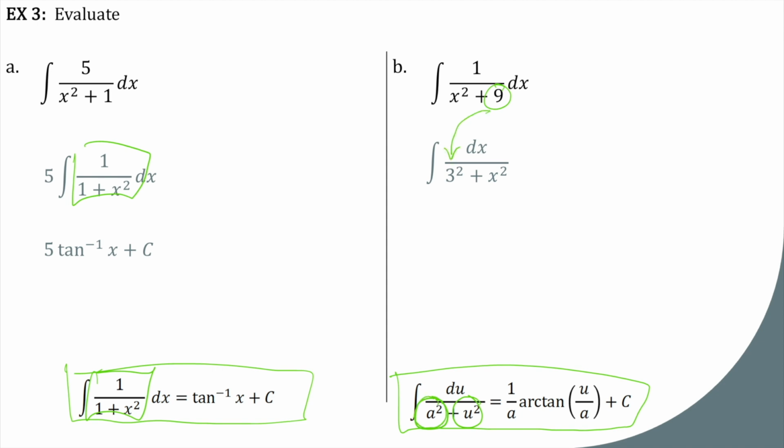And now I can see that in the A position is 3, in the U position is just x, so that's pretty simple. So du equals dx, so we're taking care of there. And now we can just plug the stuff into the formula. We've got 1 over a tan inverse u over a plus c.